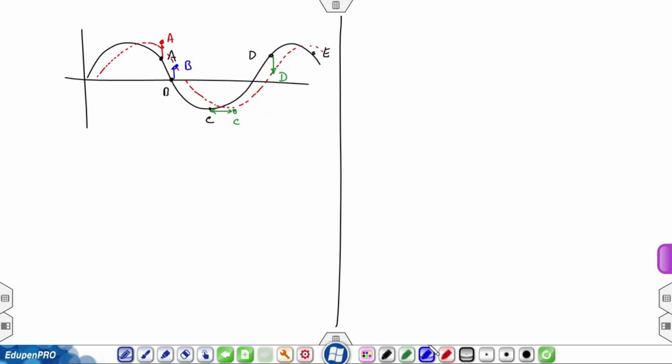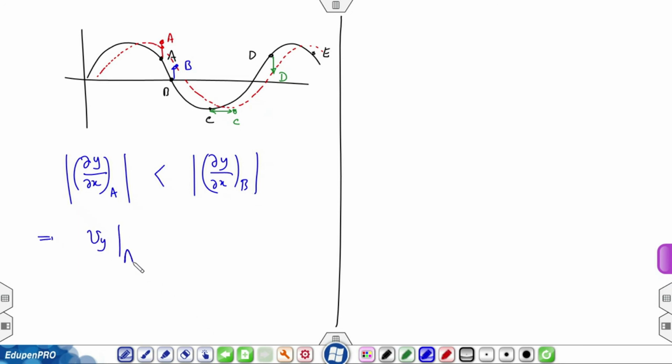Now, I know that the modulus of dy/dx at A is less than dy/dx at B. The slope is larger, and therefore, v_y at A is going to be less than v_y at B. Point B is moving faster.